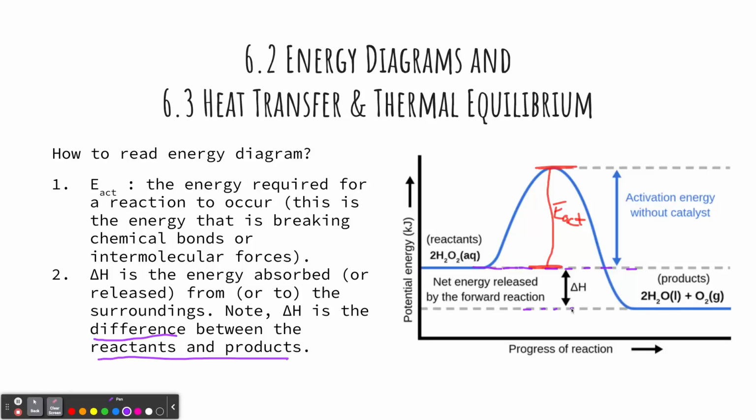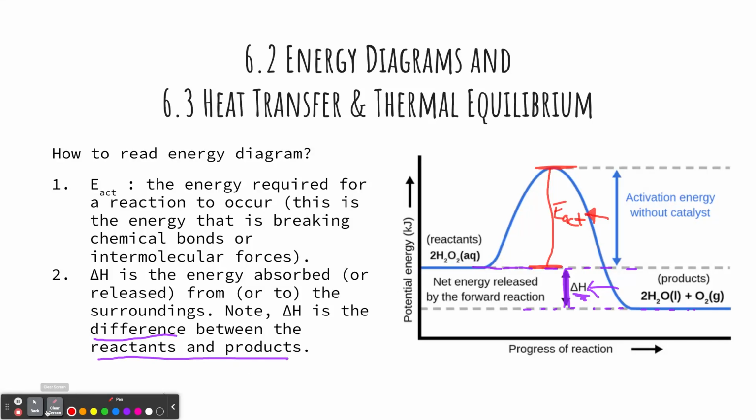Here's my energy of products. It's also in purple. The energy difference between them, which is in purple right now, is my delta H. So in this case, energy is being released, and the energy that's being released is my delta H. Meanwhile, the energy that I need for this reaction to occur is the activation energy, or EACT.